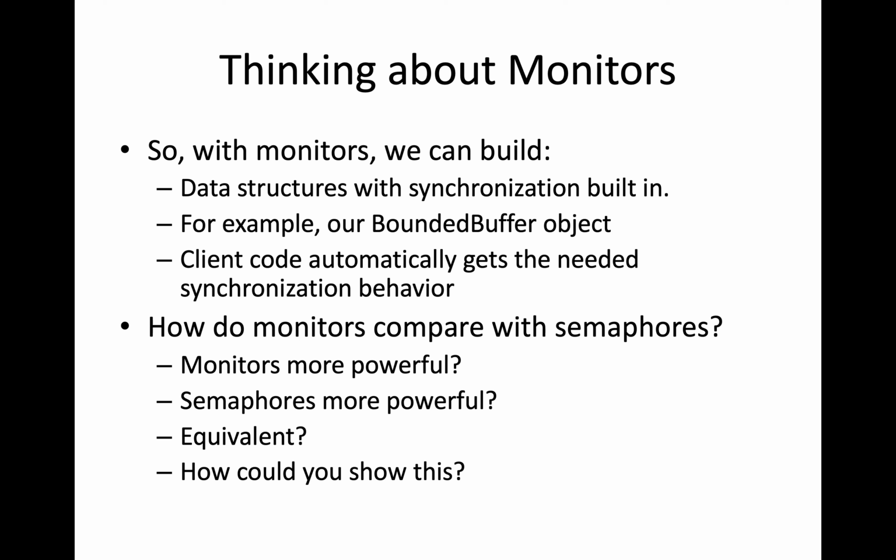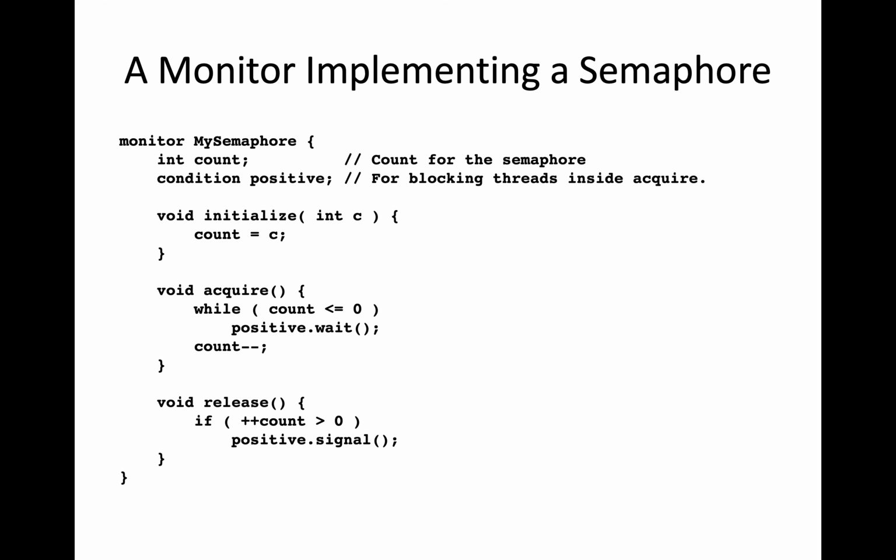If we had to show this, the way you normally show two mechanisms to be equivalent, or at least an easy way to try to do that, is to show that one of them can simulate the other, or you could build one of them out of the other. Between monitors and semaphores, I think it's a lot easier to show that if all you had were monitors, you could do everything a semaphore could do, because with a monitor you could build something that works just like a semaphore.